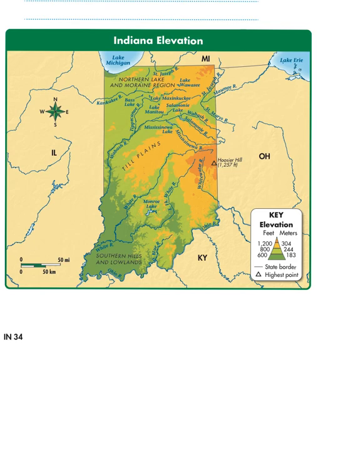The other thing you're going to notice is that along this map, in bold and capital print, it shows that our state is broken up into three regions: the Northern Lake and Moraine Region, the Till Plains, and then the Southern Hills and Lowland. This will become important a little bit later on as we read.